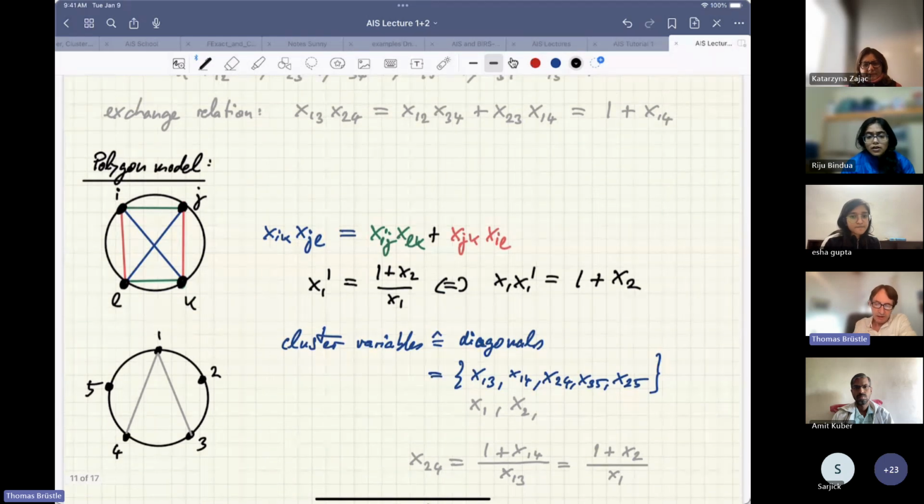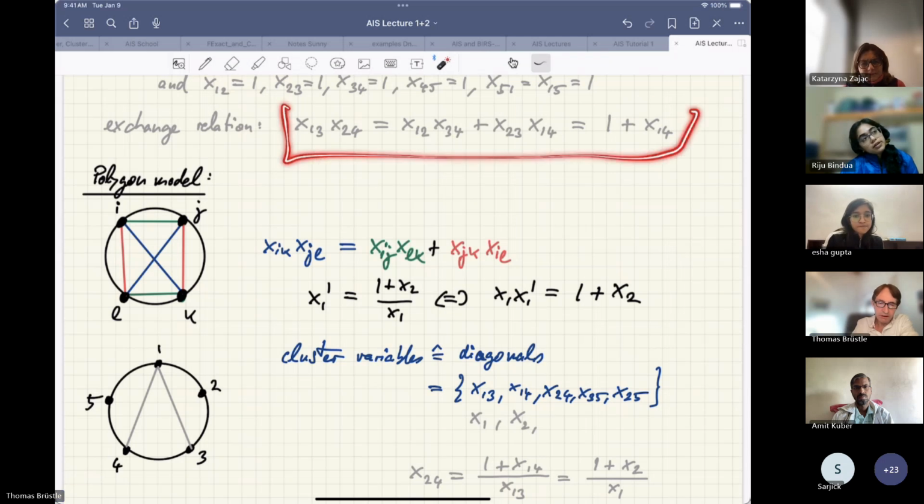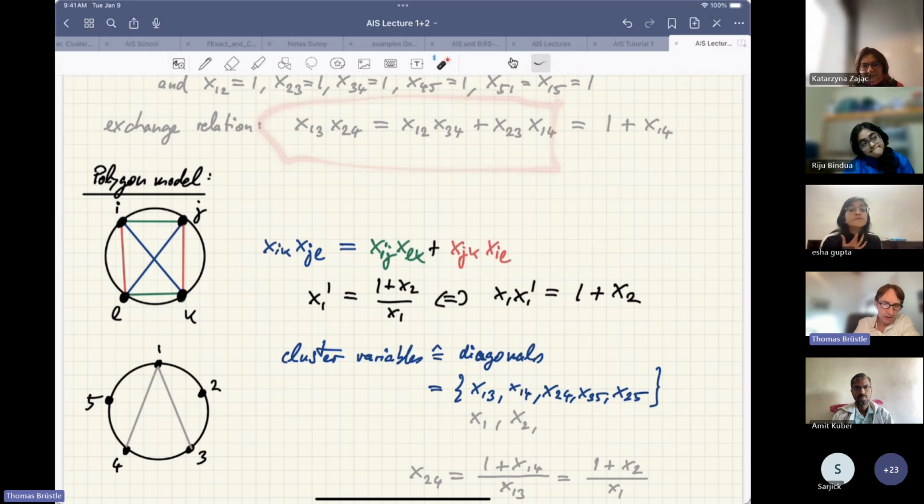Our Plücker relation, the exchange relation, says the following. We have x1,3 times x2,4.